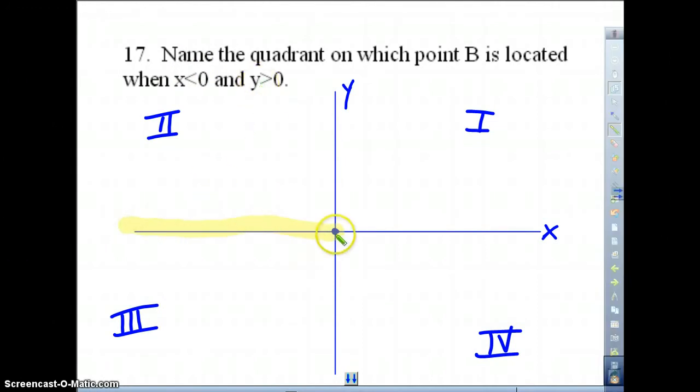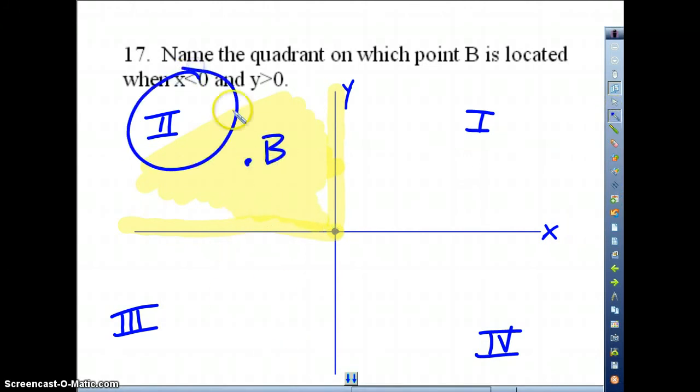If I start at the origin, do I go up or down if my y values are greater than 0? Up. And the intersection of those two is quadrant what? Yeah, so point B is going to land in here somewhere. So the answer to this one's quadrant 2.